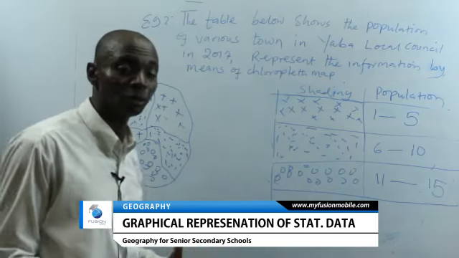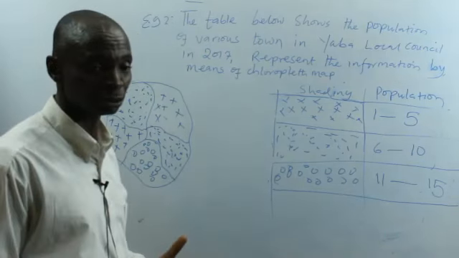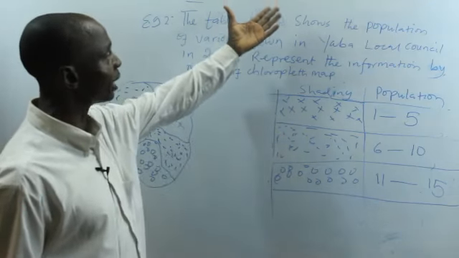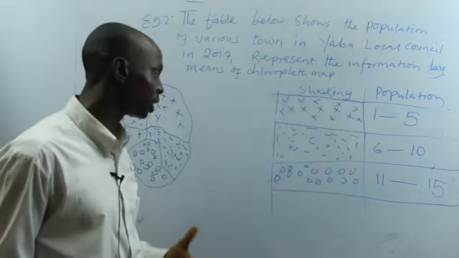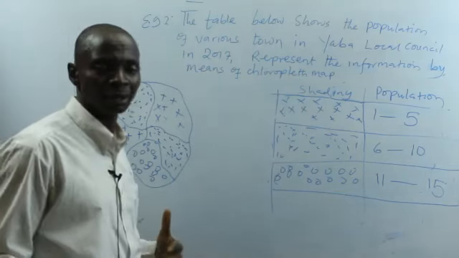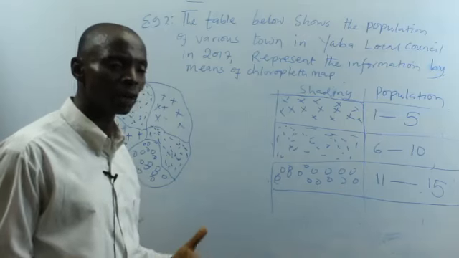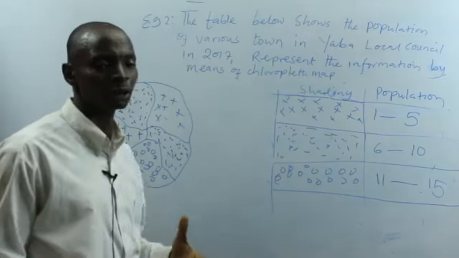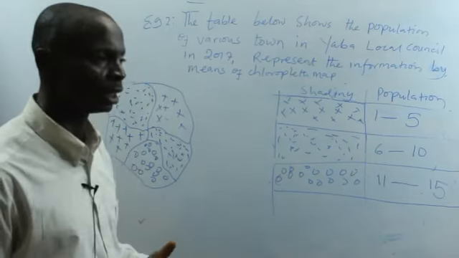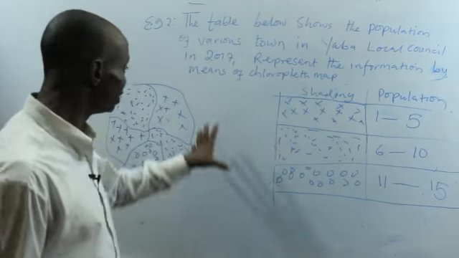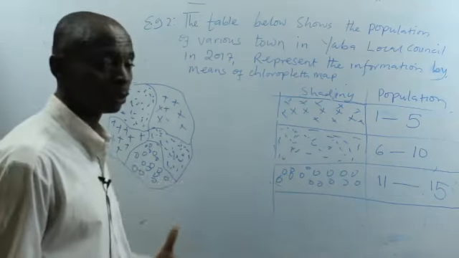So as I said, we have other statistical methods that we can use in representing graphical data in geography, but the others we learn are not different from the ones we learn in economics when we are talking about pie chart and bar chart, and the ones we learn in mathematics. But these two are not too common in other subjects.